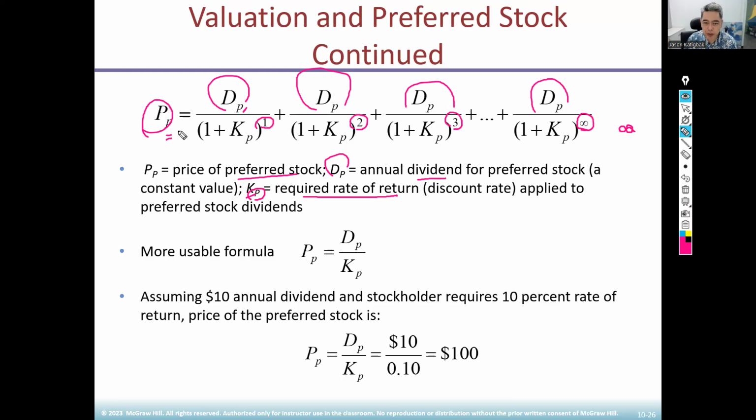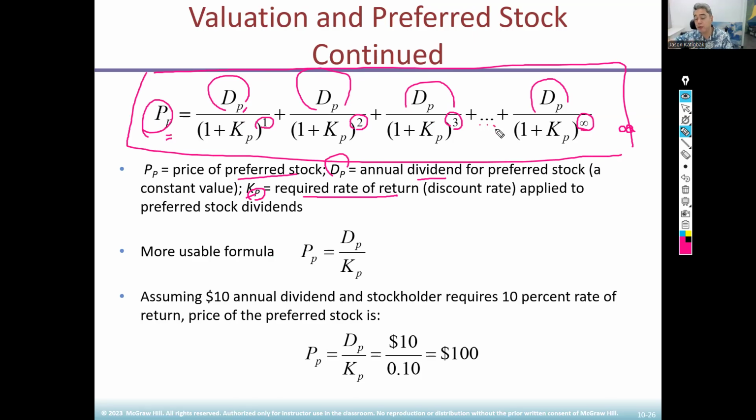To simplify this, because you could not do that infinitely, with a lot of ellipses and a lot of years, this will be a more usable formula. So the annual dividends as a numerator, then your denominator will be the interest rate or the rate of return. Then that will be your price of the preferred stock.